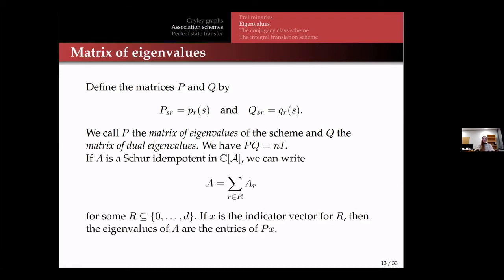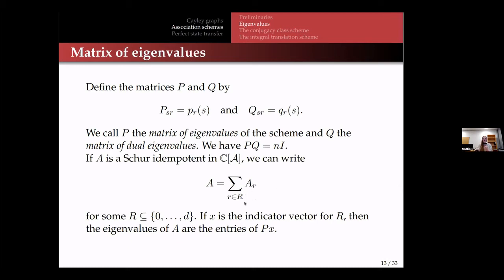Well, if we have a graph in the scheme, then its adjacency matrix is a Schur idempotent in the Bose-Mesner algebra. We can write it as a sum of some of the minimal Schur idempotents.